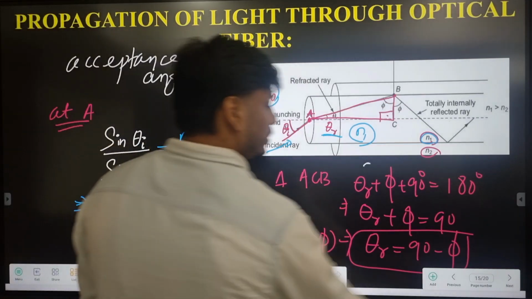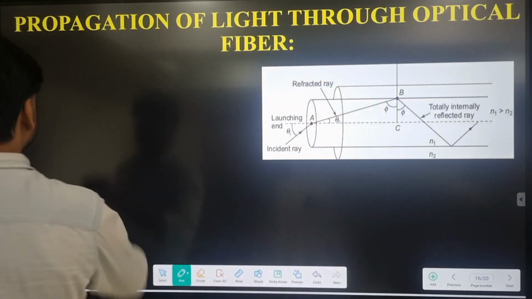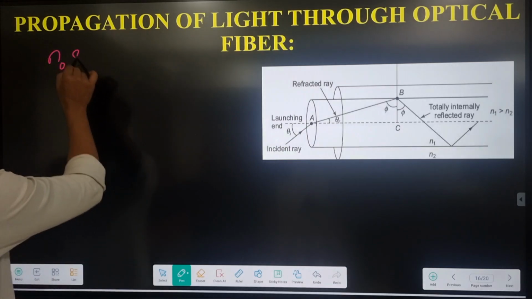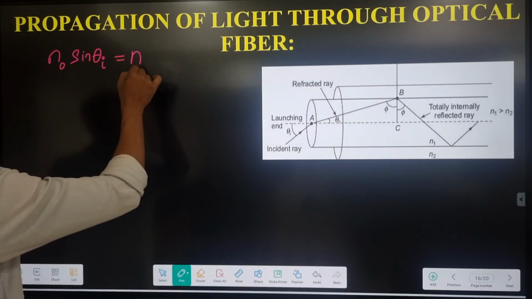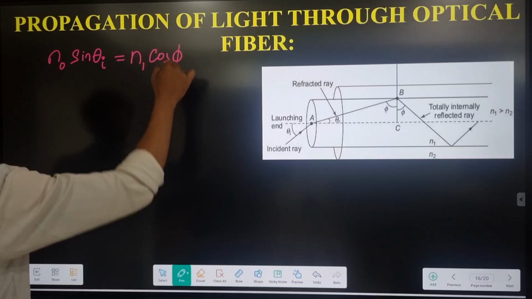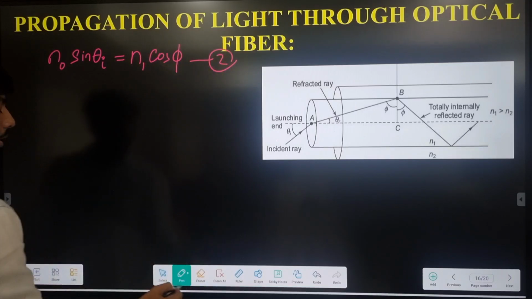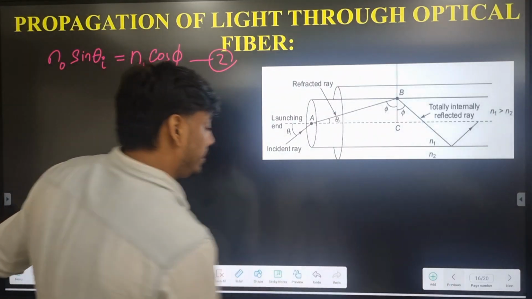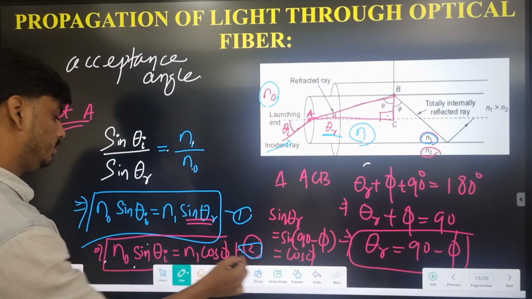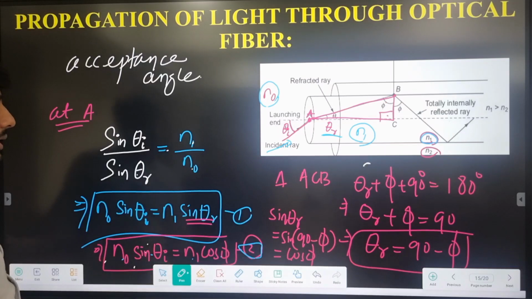So I am writing this equation 2 in next page, which is n0 sine theta i equal to n1 cos phi. We have given it as equation number 2. Clear?